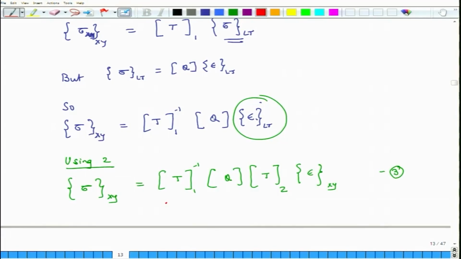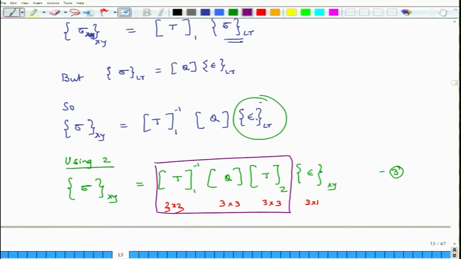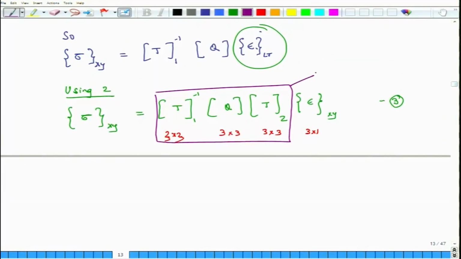We finally note that this is a 3 by 3 matrix, this is the 3 by 3, this is the 3 by 3 and this is a 3 by 1. So, I can combine all these 3 by 3 matrices into one and I call this combo as Q bar.